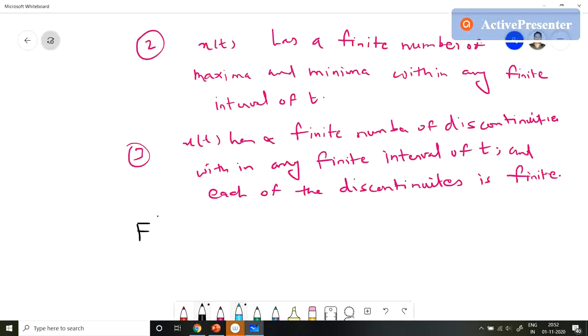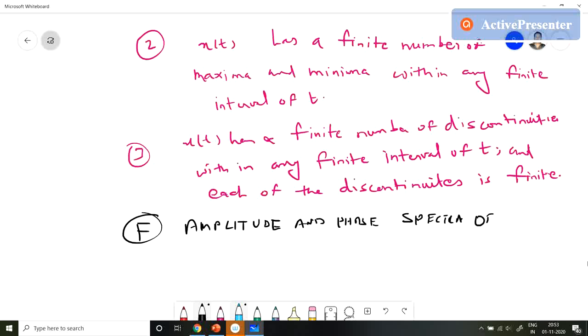Next is the amplitude and phase spectra of a periodic signal.